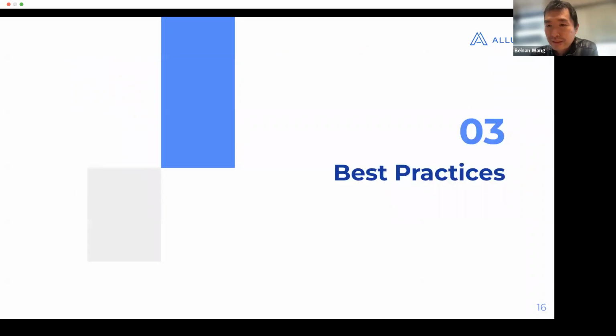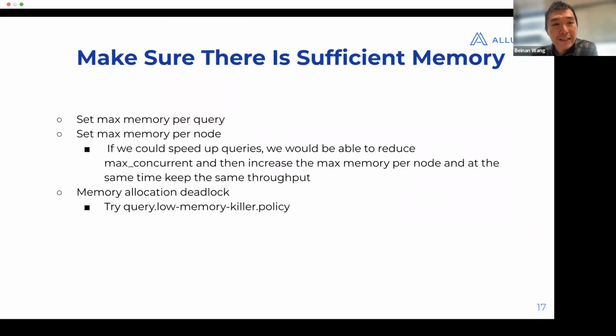Okay, let's go to some best practices for running Trino, or we can say constructing your query and optimizing your table. The first thing, which I might have forgotten to mention, is that in our Trino cluster, mostly everything is in memory. As I mentioned, it's more like streaming.